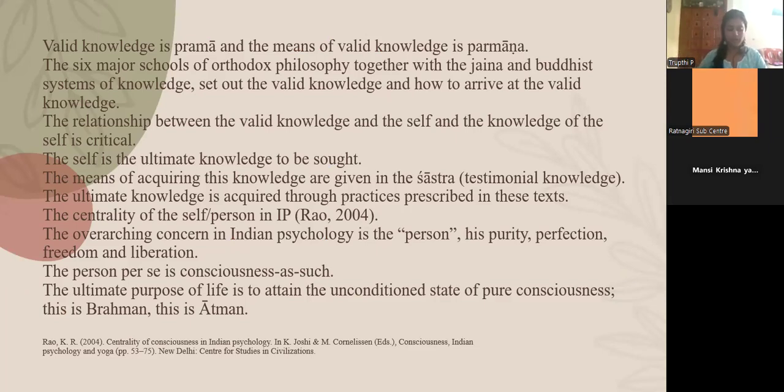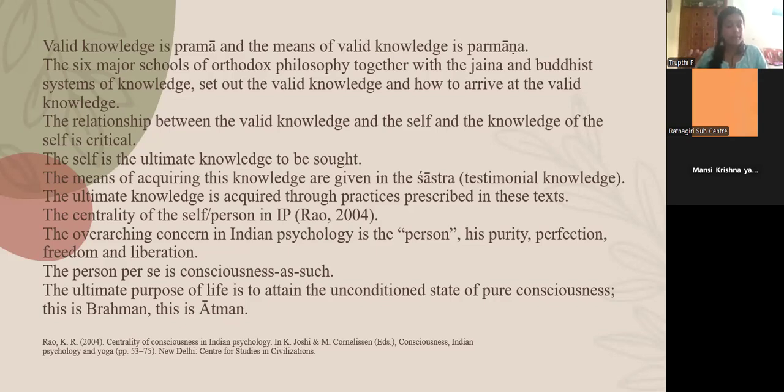So when we talk about Indian psychology, there are different schools, just like Western psychology has different schools like psychodynamics, psychoanalysis, behaviorism, humanistic, gestalt, and all that. We have our own system of schools in Indian philosophy. Majorly six that we identify, and other than the Astika and Nastika, Jaina and Buddhism are also here. There is Sikhism as well.